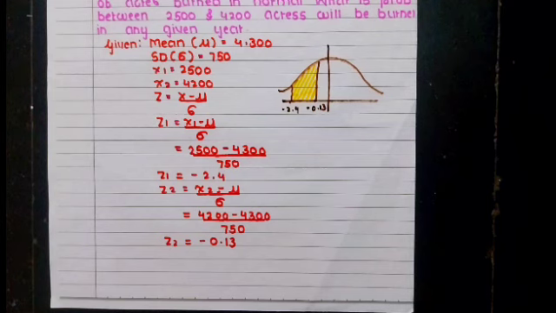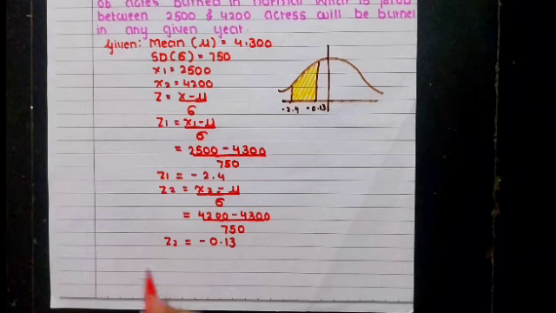By finding these z values, we will know the range in which the acres burnt in any given year will be found.